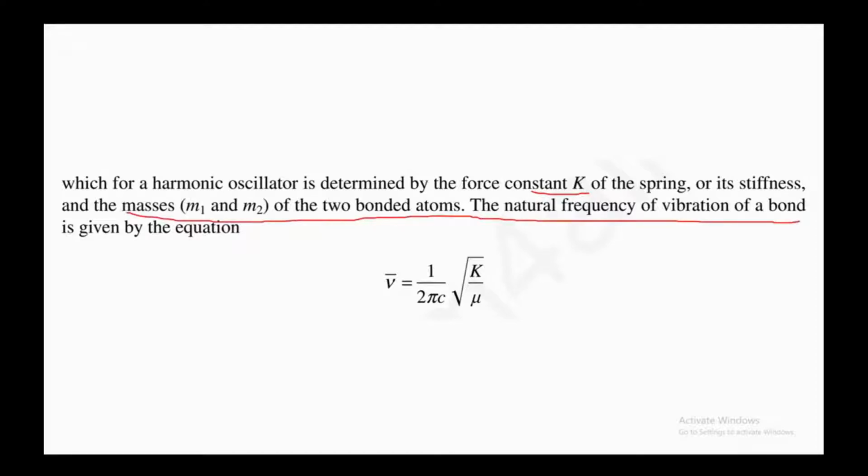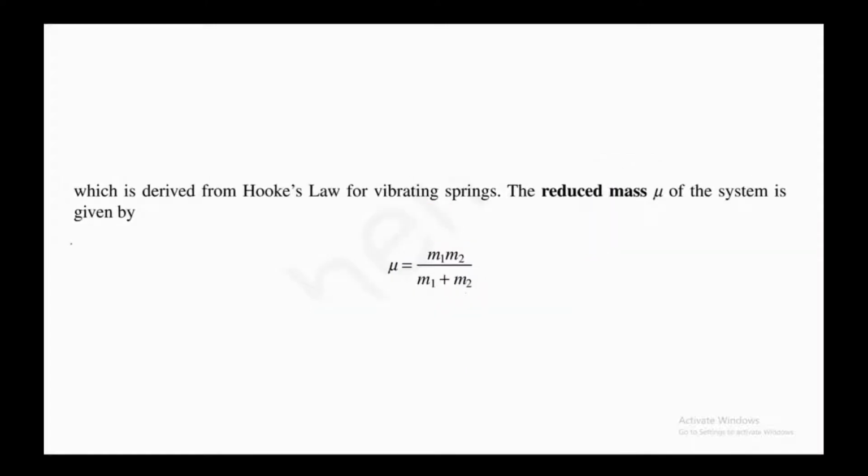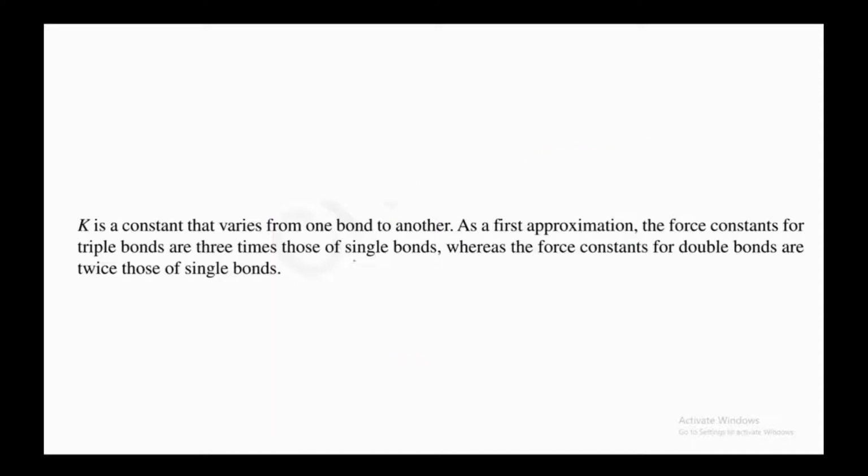The natural frequency of vibration of a bond is given by an equation. So this is the important equation. Nu bar is equal to 1 over 2 pi c times the square root of K divided by mu, which is derived from Hooke's law for vibrating springs. The reduced mass mu of the system is given by mu is equal to m1 m2 divided by m1 plus m2.